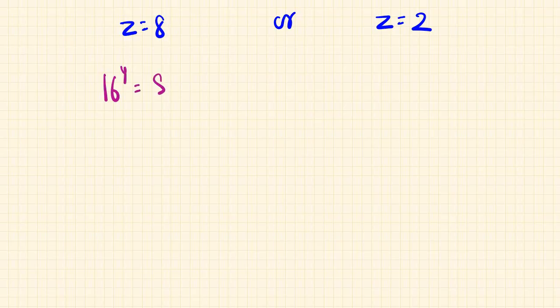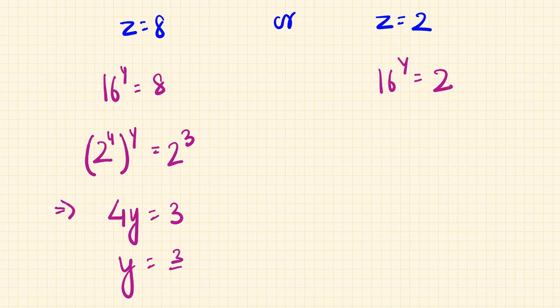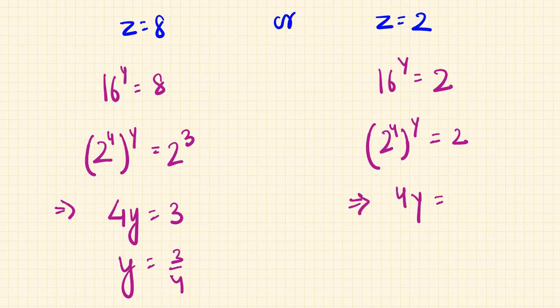Okay, let's continue that. My z was 16 power y is equal to 8. Here also 16 power y is equal to 2. Now, when I go for it, it's 2 power 4y is equal to 2 power 3. Bases are same, so this implies 4y is equal to 3, y is equal to 3 over 4. Here, 2 power 4y is equal to 2 power 1, so 4y is equal to 1.